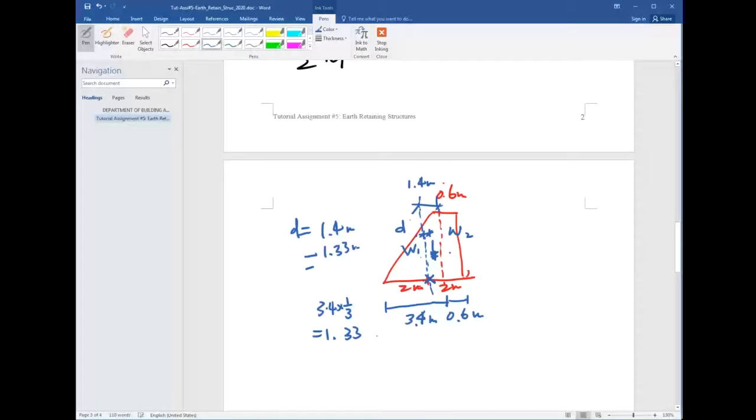Is equal to 0.07 meters, right? Now that gives you the W1, D1. What is that direction? The clockwise, right? About the moment C, right? The moment C here.